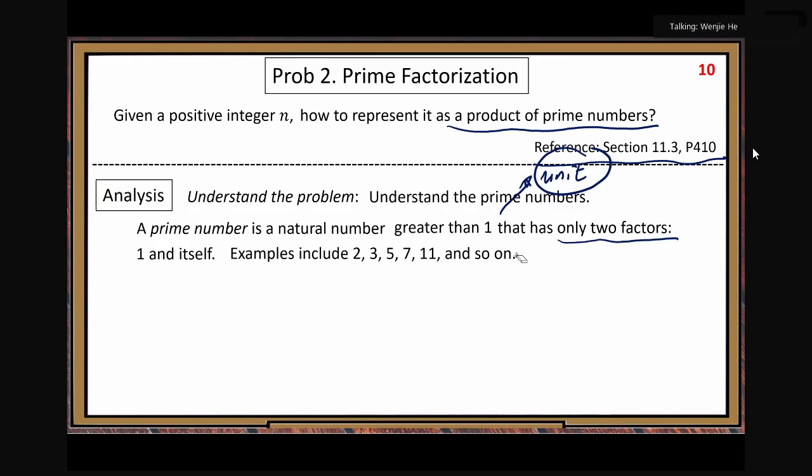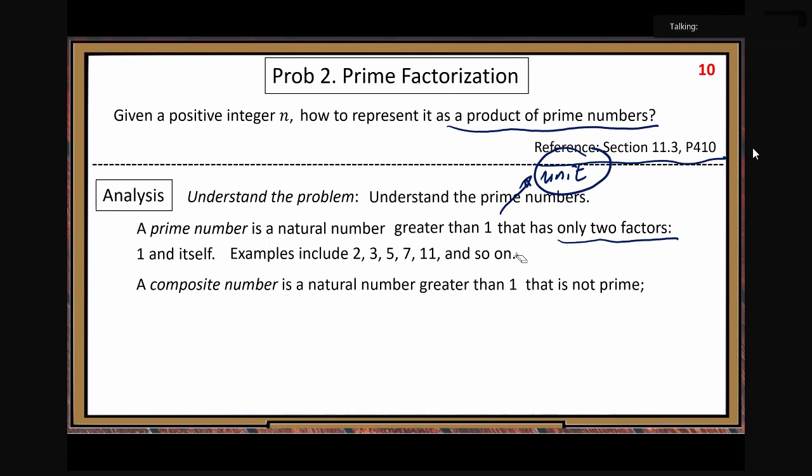Next, composite number: a natural number greater than 1 that is not prime. For the natural numbers greater than 1, 1 is the unit, so we take that unit out, and look at the remaining natural numbers.